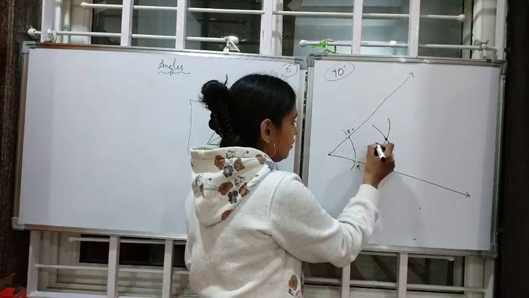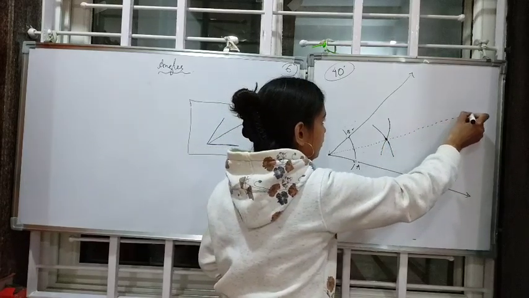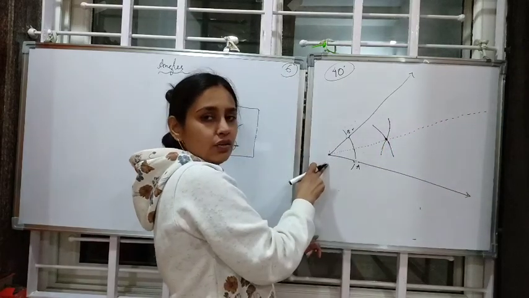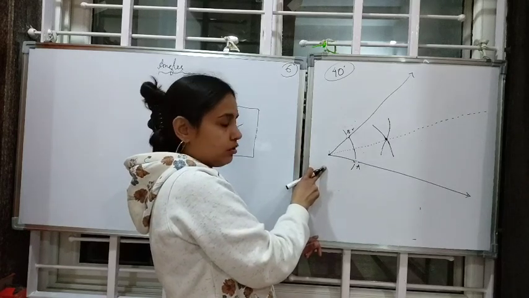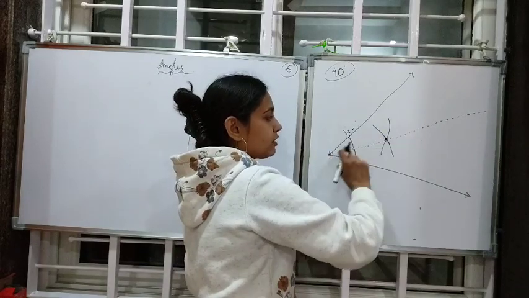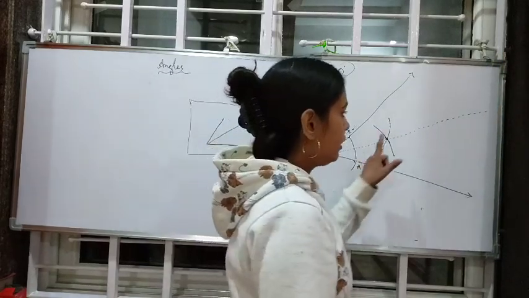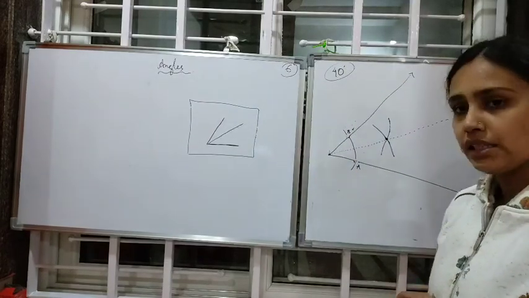From the center, you can say the vertex of the angle, you join the point of intersection and produce it. You will find that this particular line is your angle bisector.